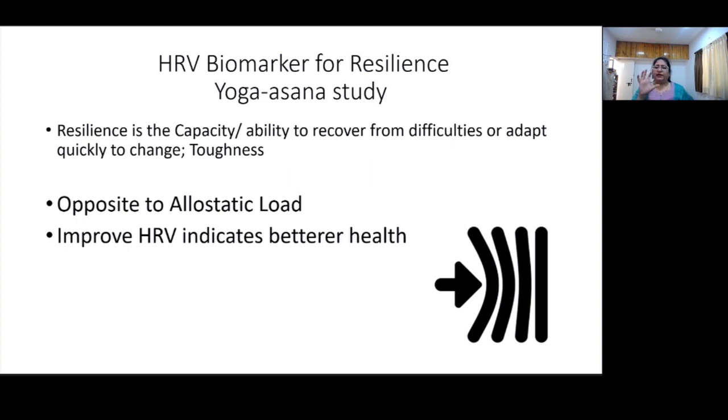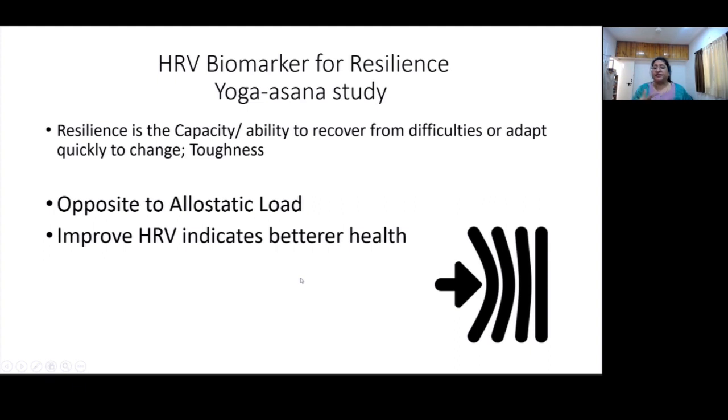Here, initially I would like to mention what resilience means. Resilience is the capacity and ability to recover from difficulties or adapt quickly, or its toughness. So it's the opposite of allostatic load. Allostatic load tries to take you towards complication, while resilience tries to take you away from this complication towards healthy states.